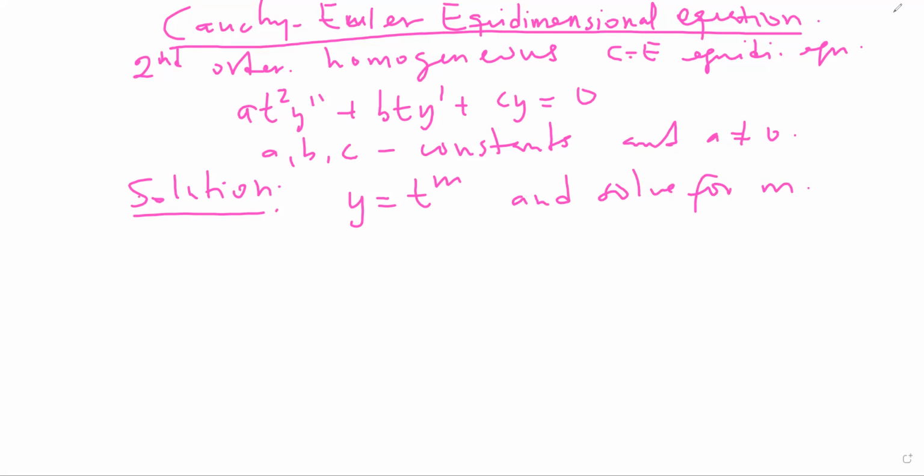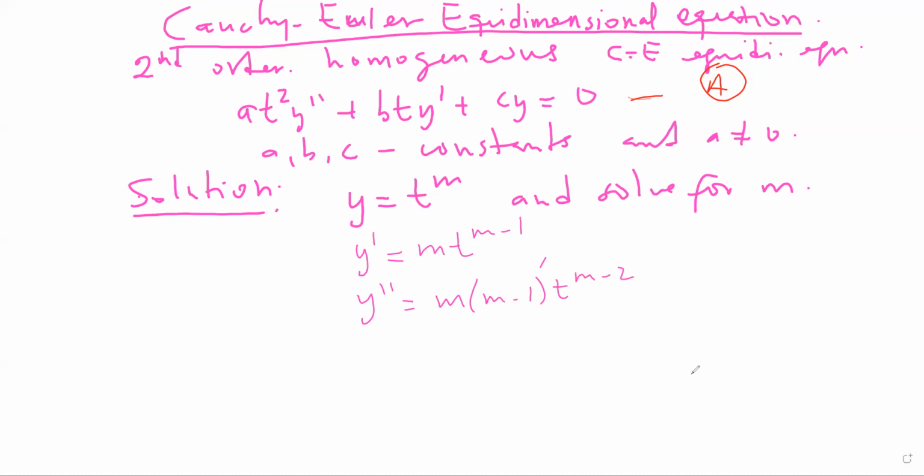Let me call this equation A. So if you have y is equal to t to the power m, then you can find the first derivative, y prime is equal to m t to the power m minus 1, and then the second derivative, y double prime, which is m times m minus 1 t to the power m minus 2.